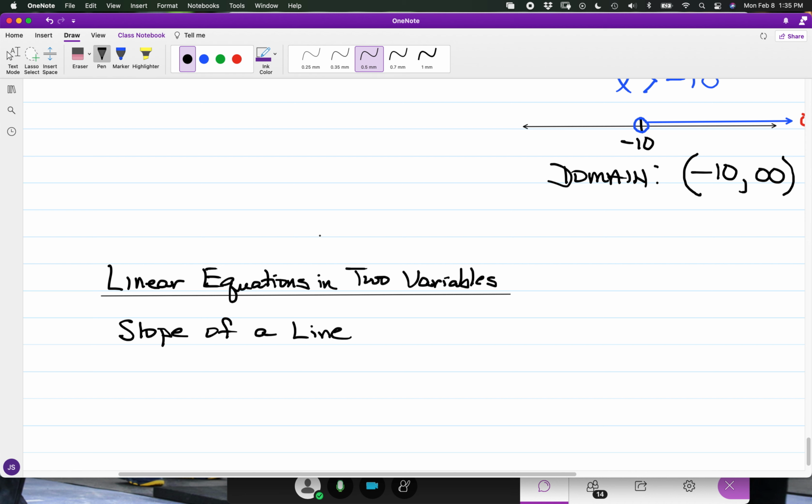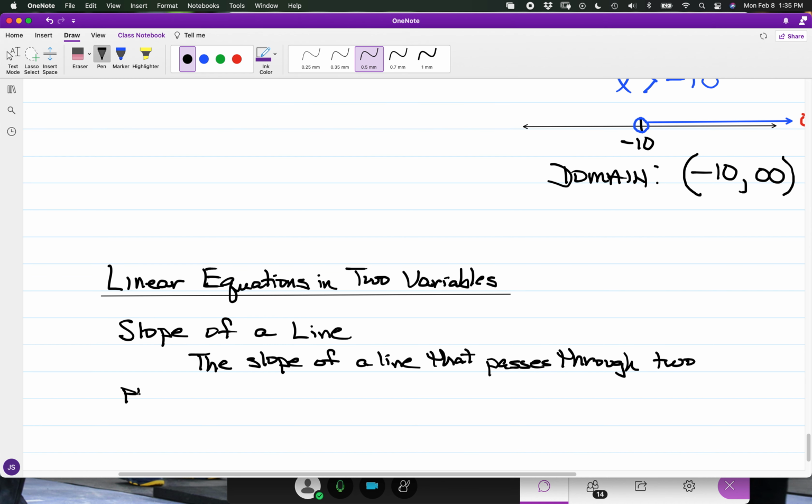Okay, and now for the slope of a line that's going to run through 2 points, we'll just label these 2 points in the general case where we have (x1, y1) and (x2, y2).